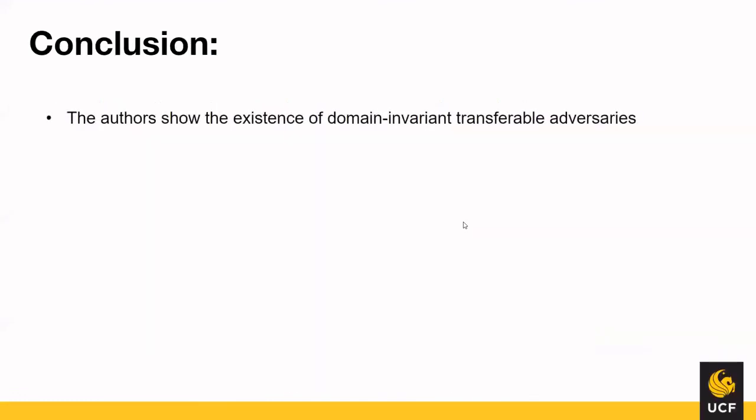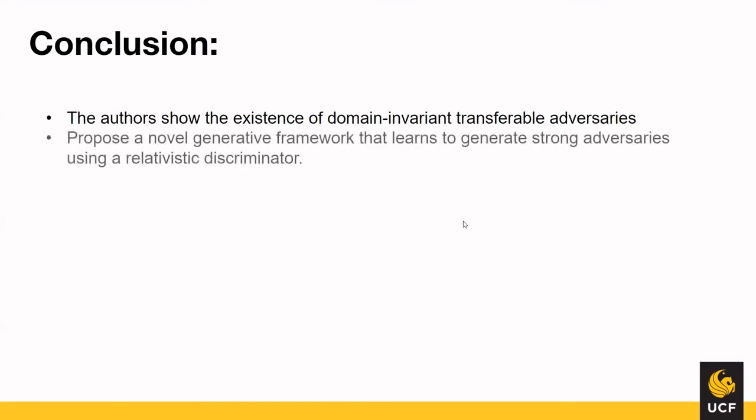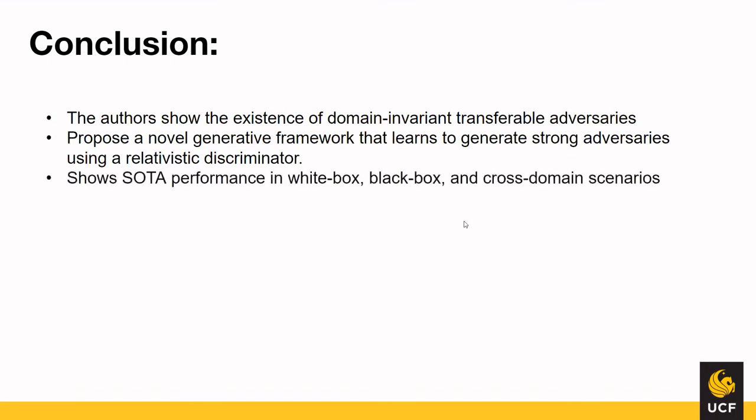In conclusion, the authors of this work show the existence of domain invariant transferable adversaries. To do this, they propose a novel generative framework that learns to generate strong adversaries using that relativistic loss and pre-trained discriminators. This generative attack shows state-of-the-art performance in all three scenarios, including white box, black box, and cross-domain scenarios.